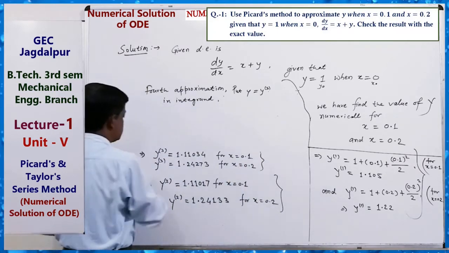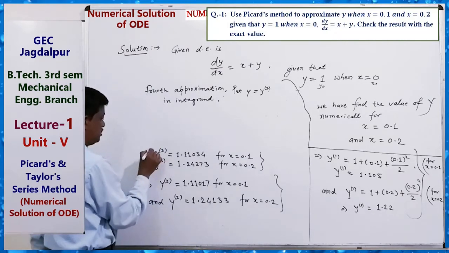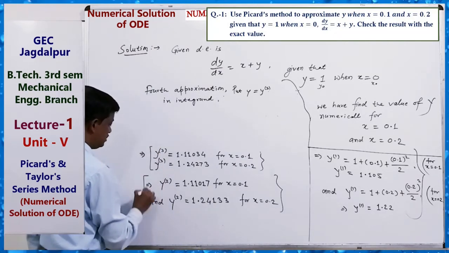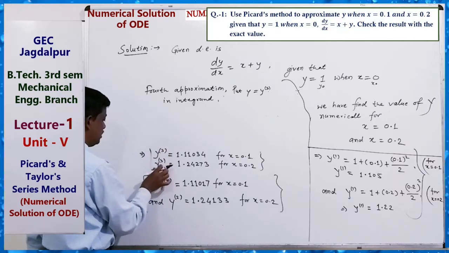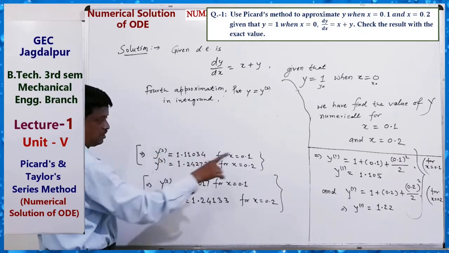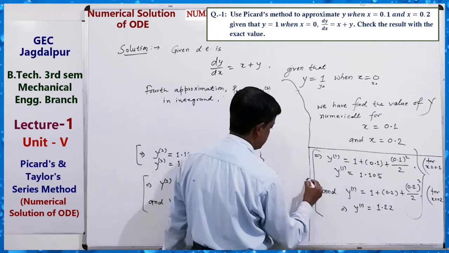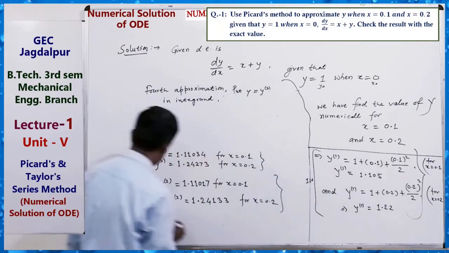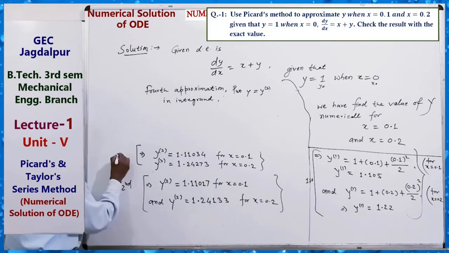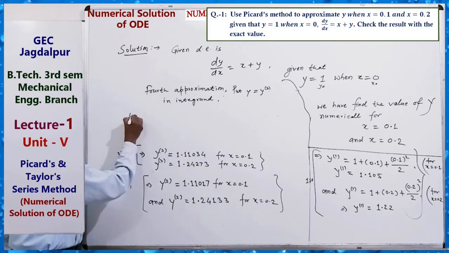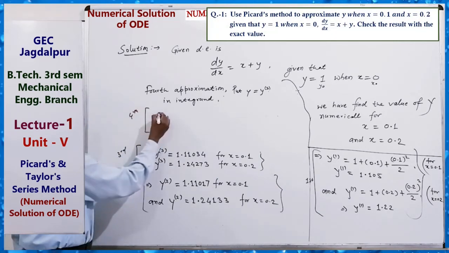So this is one set. First approximation is this, this is the second approximation, this is the third approximation, this is the fourth approximation.